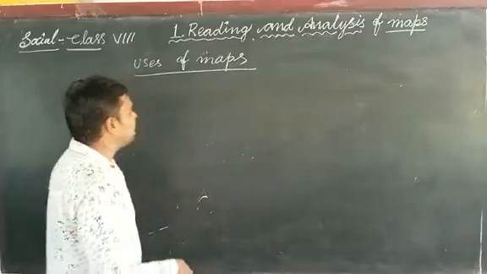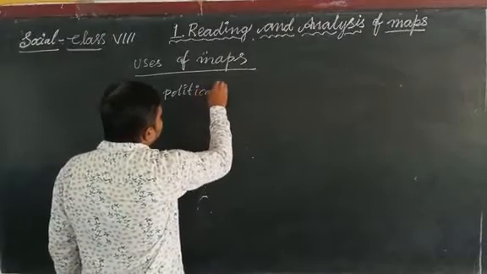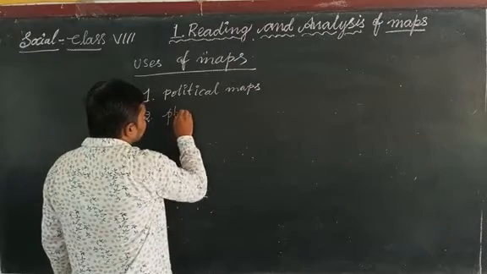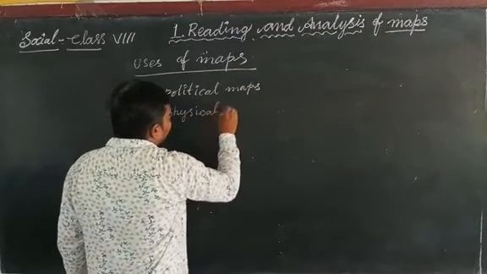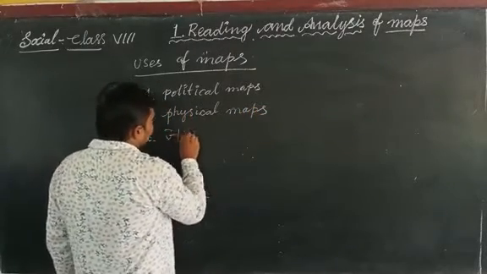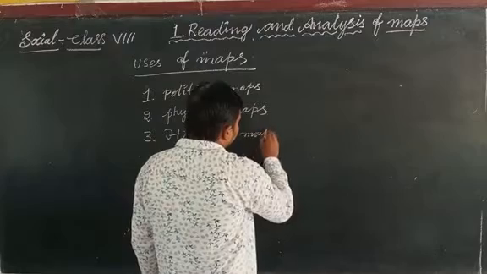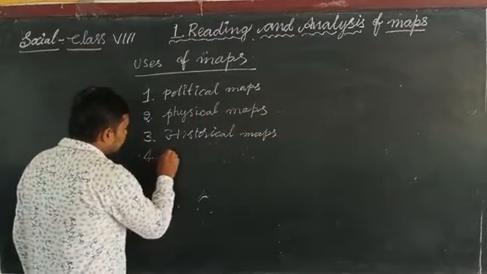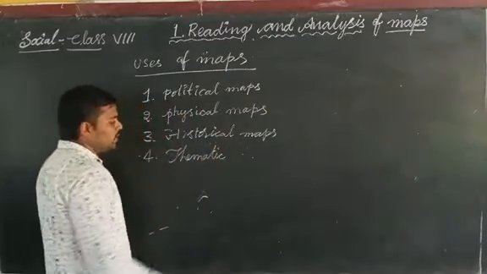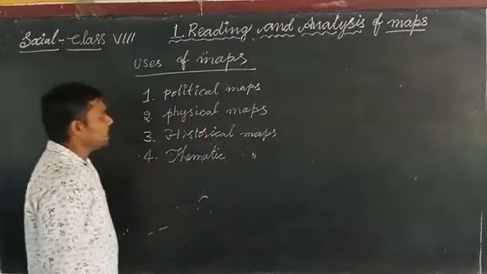Those are the political maps, the physical maps, historical maps, and thematic maps. These are the types of maps which we have learned in our previous classes and in our previous lesson.